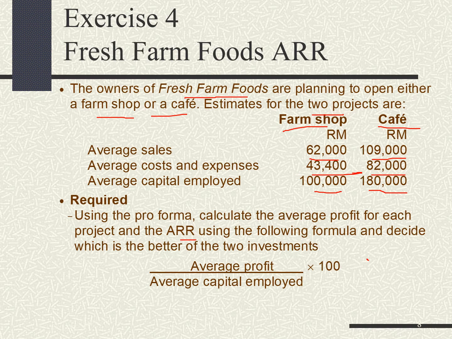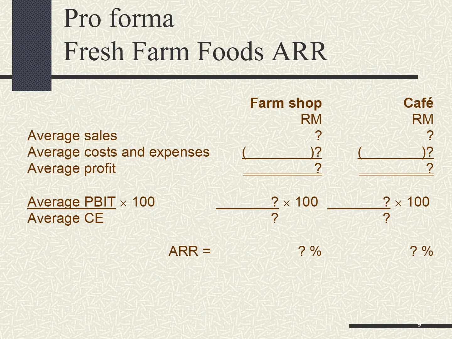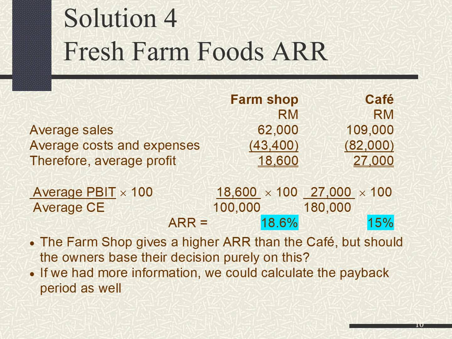Okay, kita gunakan average profit bagi dengan average capital employed. And then we have to see the outcome lah, berapa ni. Kita akan tengok berapa ARR for farm shop and cafe. Okay, so include the data. 62,000 of the sales, cost and expenses 43,000, and then kita akan jumpa therefore average profit.